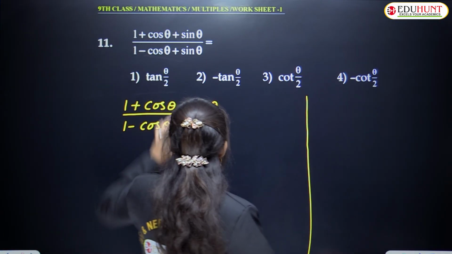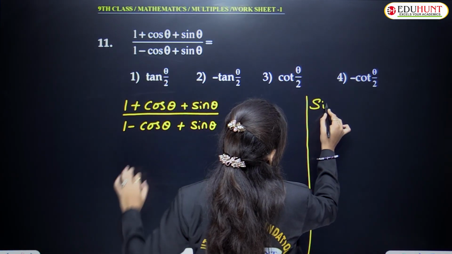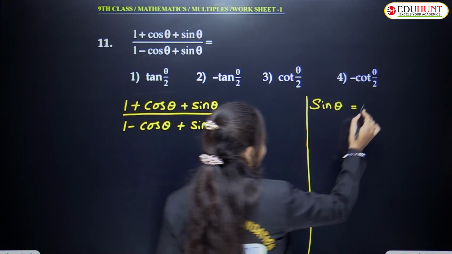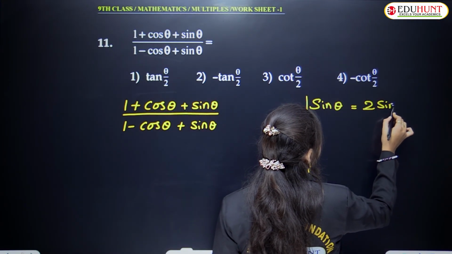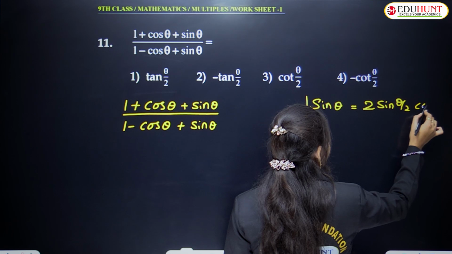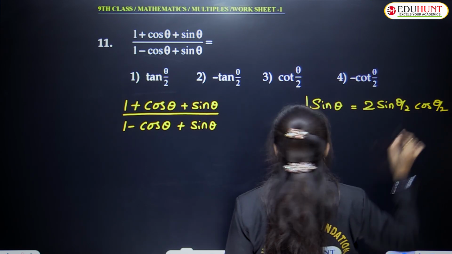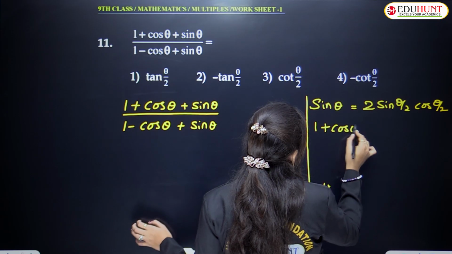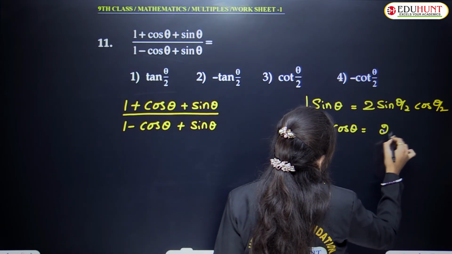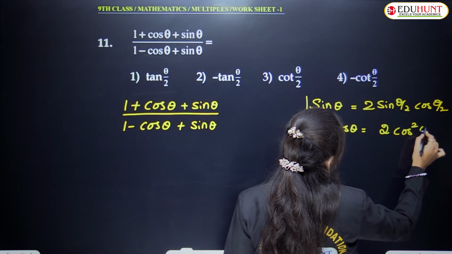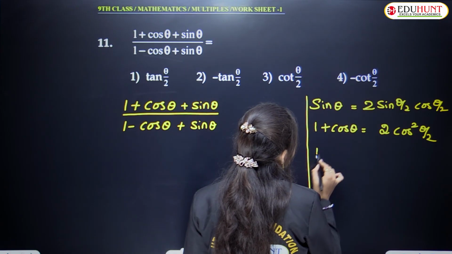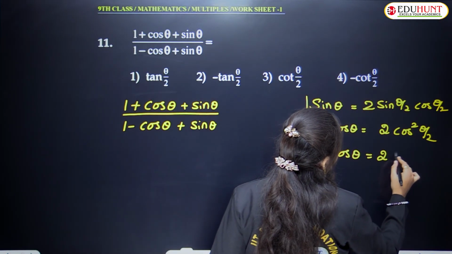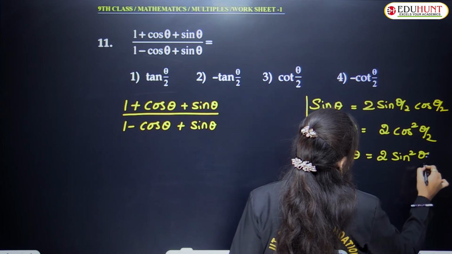What are those? Seeing this, we have sin theta. The formula for sin theta is 2 sin theta by 2 cos theta by 2. And 1 plus cos theta is 2 cos square theta by 2, and 1 minus cos theta is 2 sin square theta by 2.